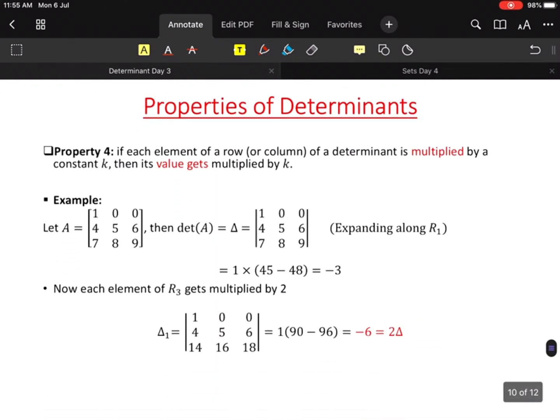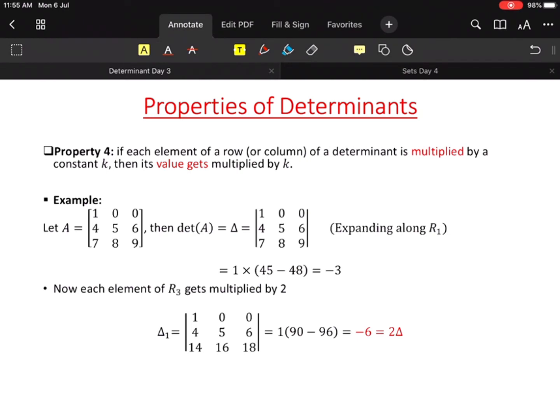Now property number 4. If each element of a row or column of a determinant is multiplied by a constant k, then its value gets multiplied by k.